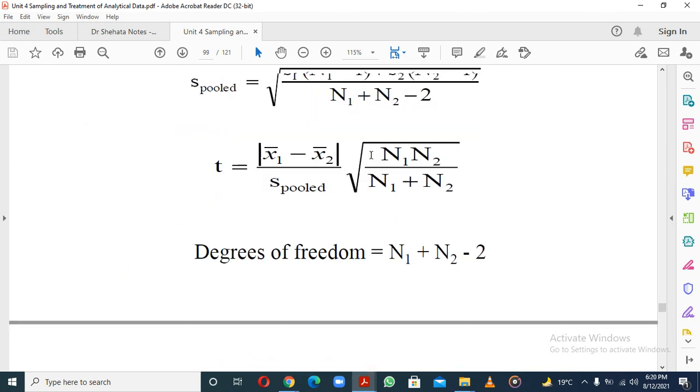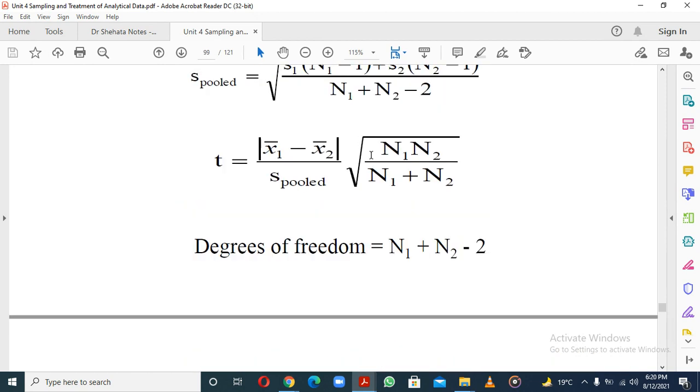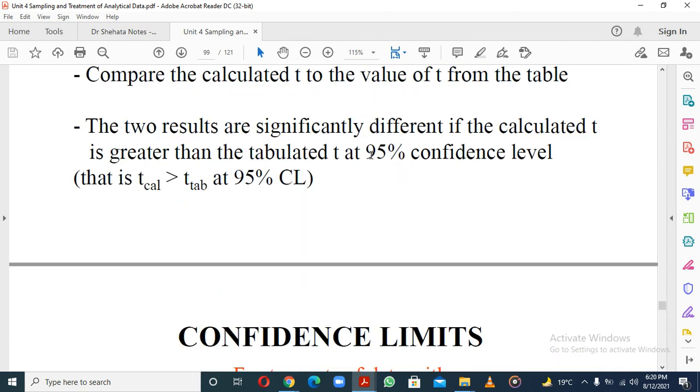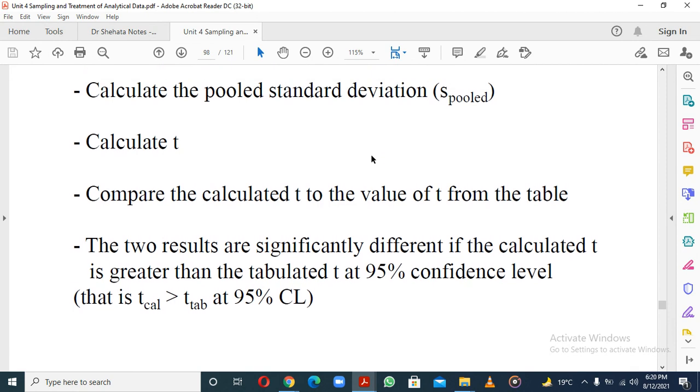Let's first look at the formulae, or maybe let me explain, then we'll go to the formulae. So what you do is you calculate the pooled standard deviation, which is just an average of the standard deviations for the samples that you are trying to analyze.